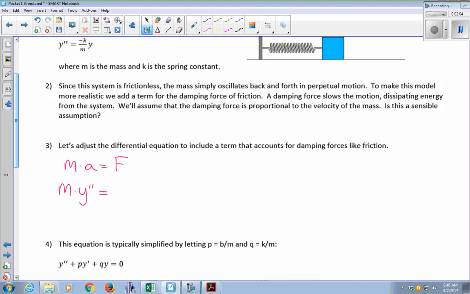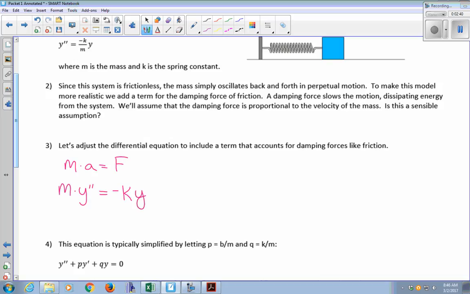And then for force, there was Hooke's law about springs, that that equals negative k times y. So the force of the spring is proportional to the position of the spring. When you solve for y double prime, this is the undamped harmonic oscillator. And if you solve it for y, you'd see that the solution is sinusoidal, which makes sense. If there's no friction, that mass is just going to continue to move forever.